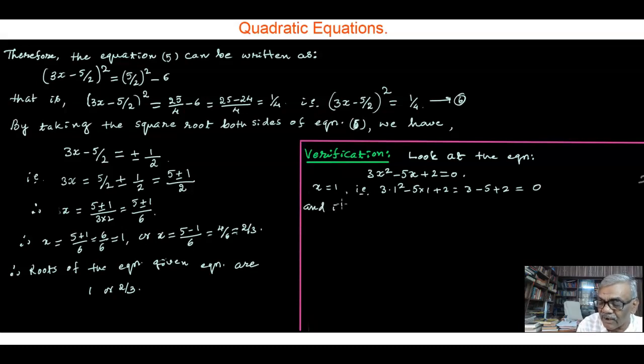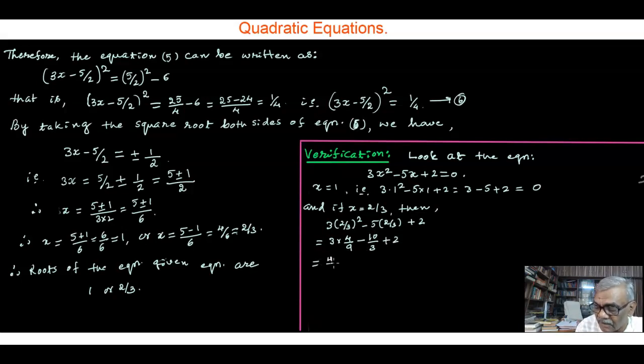Also if you take x is equal to 2 by 3, then 3 into 2 by 3 whole square minus 5 into 2 by 3 plus 2 equals 3 into 4 by 9 minus 10 by 3 plus 2, that is 4 by 3 minus 10 by 3 plus 2. Adding the two fractions, we get minus 6 by 3 plus 2, that is minus 2 plus 2, that is 0.